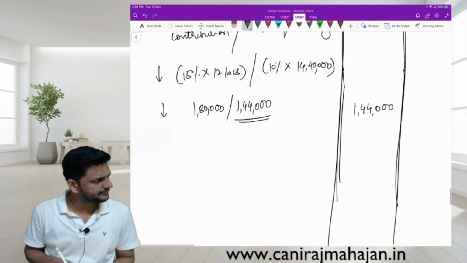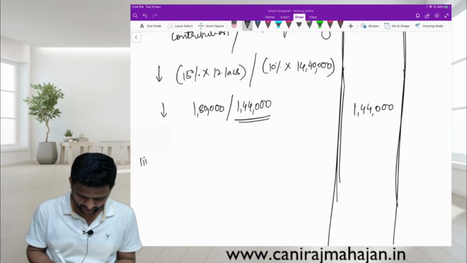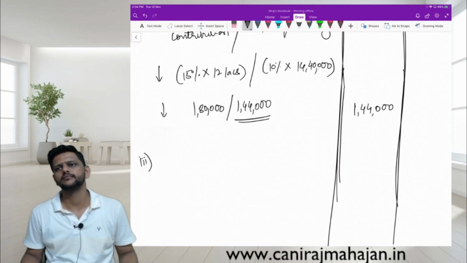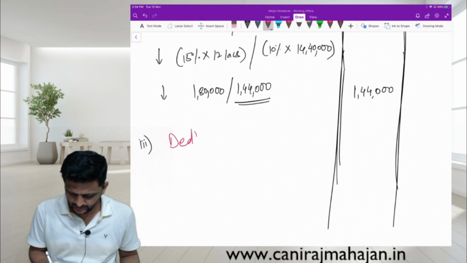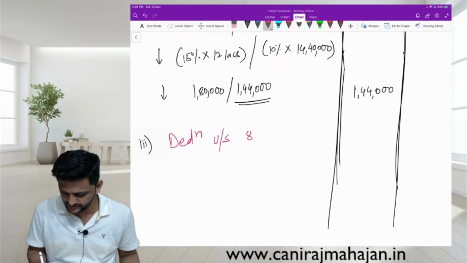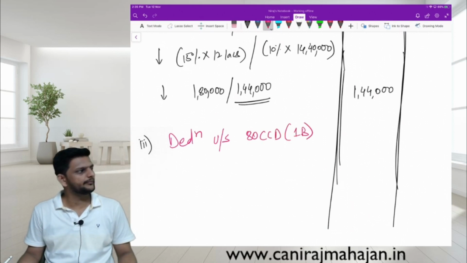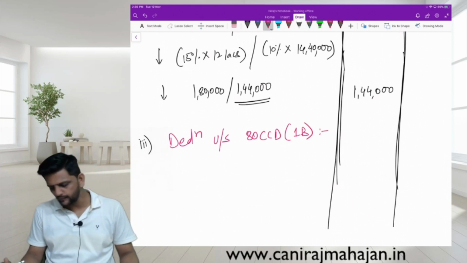Third point, tell me, what else will we claim? Deduction under section 80CCD(1B). The limit of 80CCD(1B) is how much? 50,000. How much will we claim here?